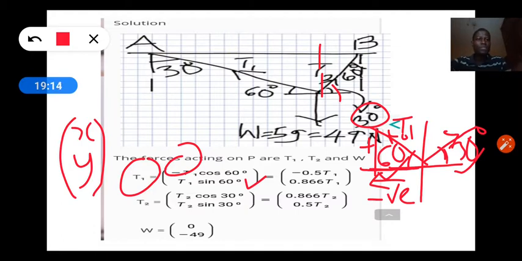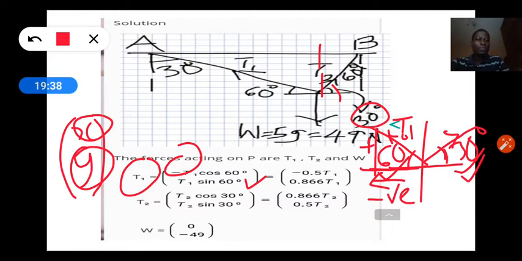The same thing if I also resolve my T2 using these 30 degrees that I have here. I'm going to have T2 cos 30 degrees for the horizontal. Horizontal is this, and this is vertical. T2 cos theta, and I have T2 sin theta.